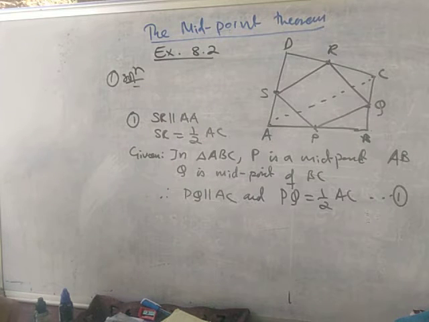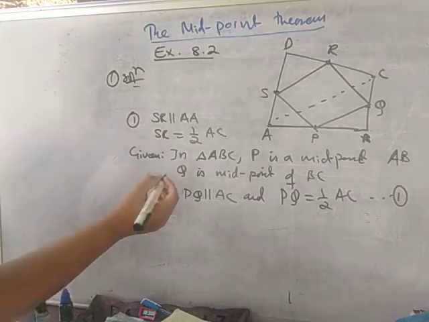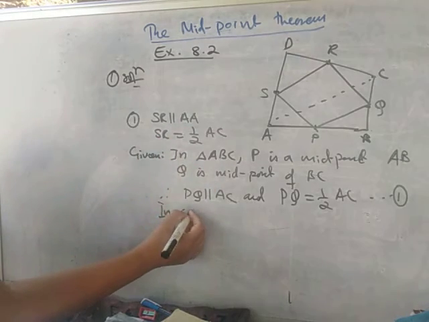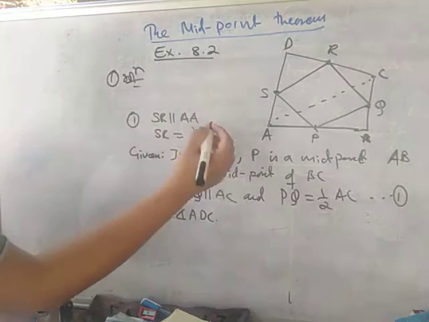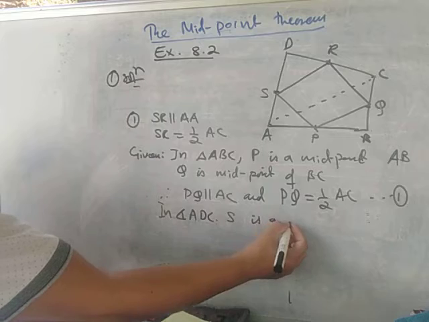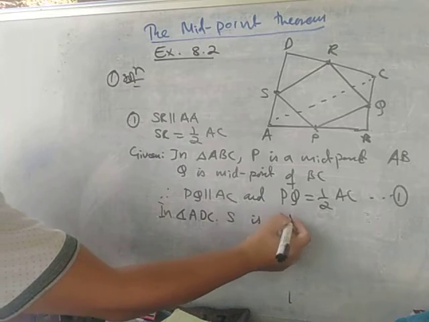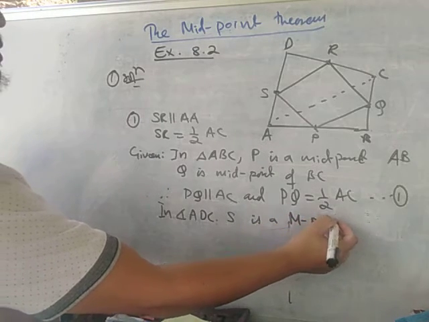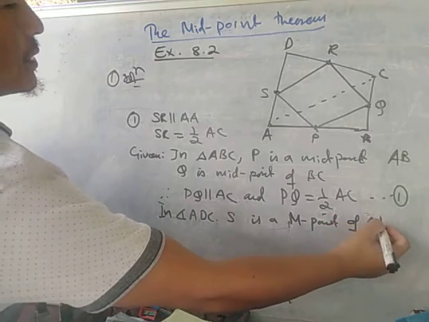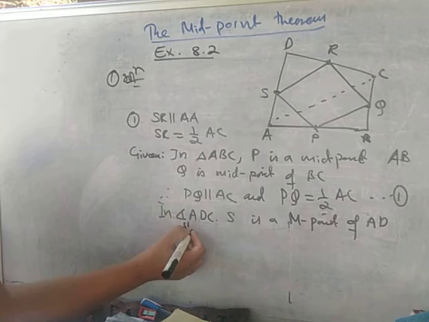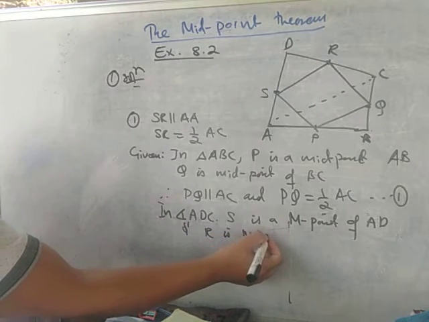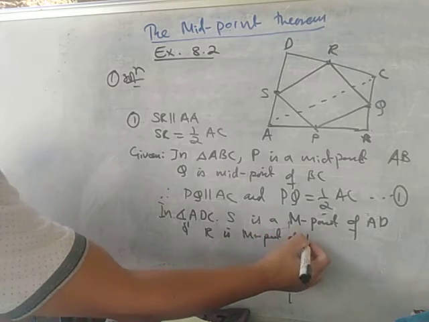Next one, in triangle ADC, S is the midpoint of AD and R is the midpoint of DC, isn't it?